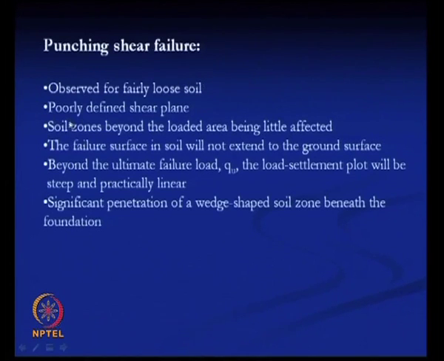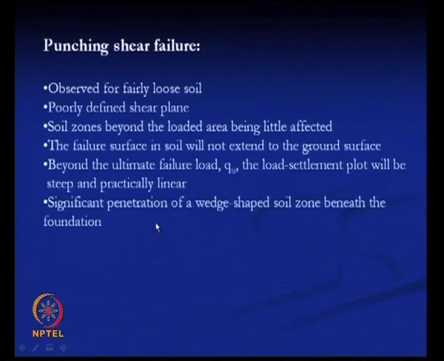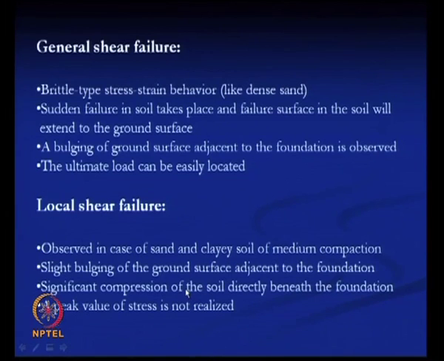The soil zone beyond the loaded area is little affected. So, the soil zone beyond this foundation area is little affected. The failure surface in soil will not extend to the ground surface. In general shear failure, the failure surface is extended up to the ground surface, but here the failure surface is not extended up to the ground surface.